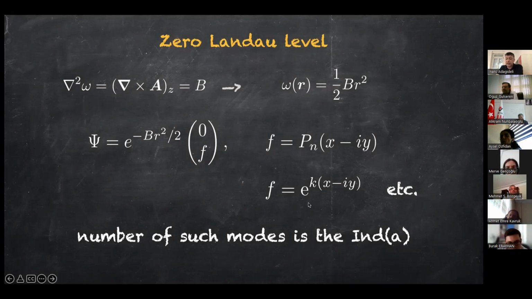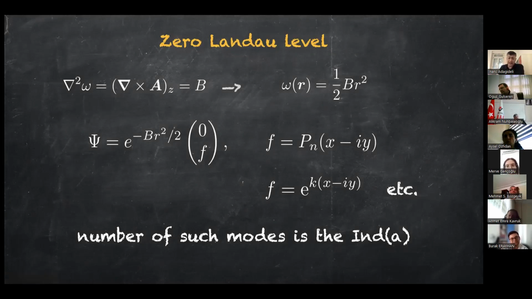That term heals this divergence, making the state normalizable. Remember, this is the same thing we got from our lecture last week, and it applies directly here. And then you get the perfectly well-known zero Landau level of graphene, which gives you the half integer quantum Hall effect, two times the half integer.